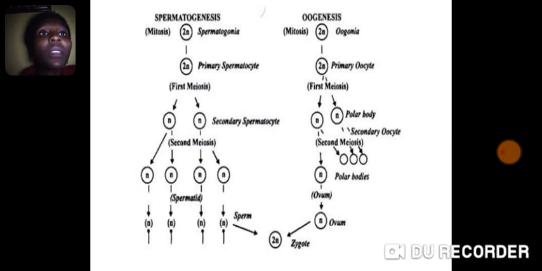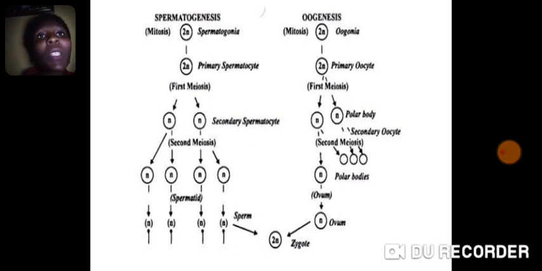Now, the spermatogonia, singular spermatogonium, will be the stem cells. Picking a spermatogonium, which is just a stem cell, you will see that they are diploid, having 46 chromosomes.